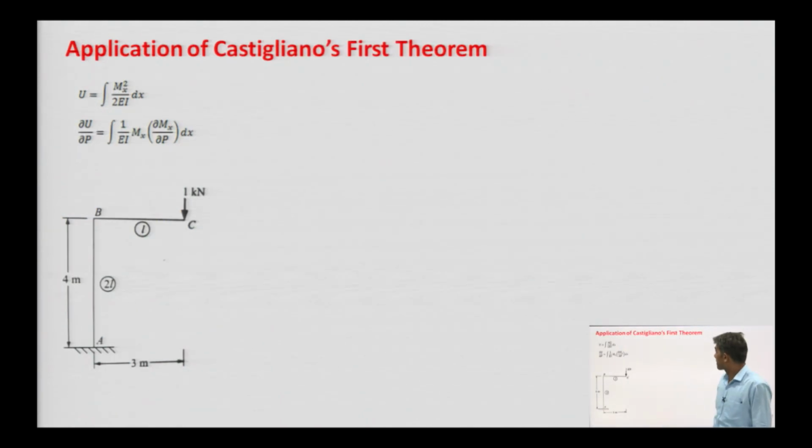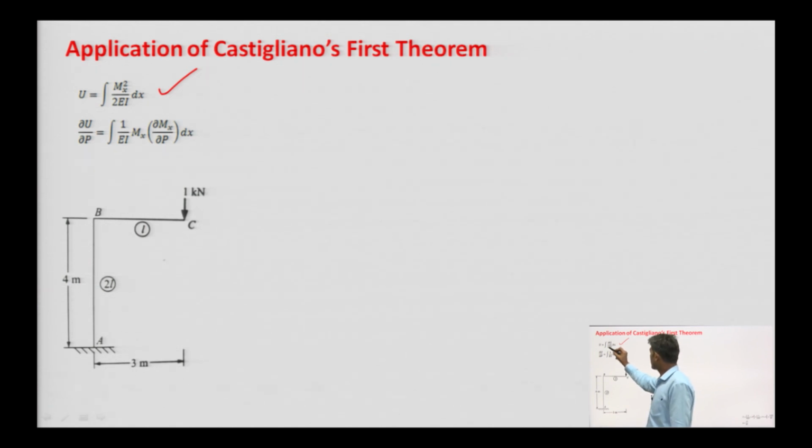Next, application of Castigliano's first theorem. The strain energy is this one, and if we take the first partial derivative with respect to P, we will get 2 m x.